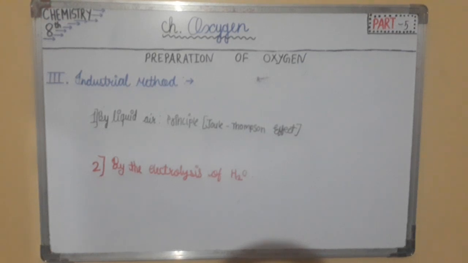Procedure. The electrolysis cell consists of two electrodes, usually an inert metal such as platinum, submerged in acidified water and connected to opposite poles of a source of direct current.